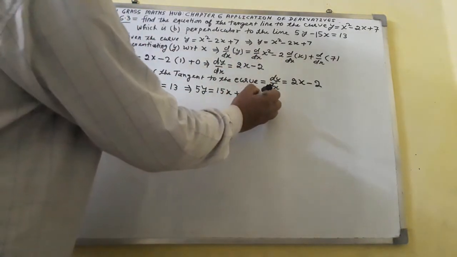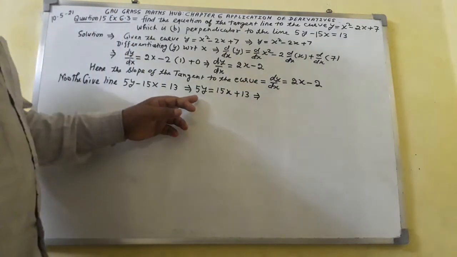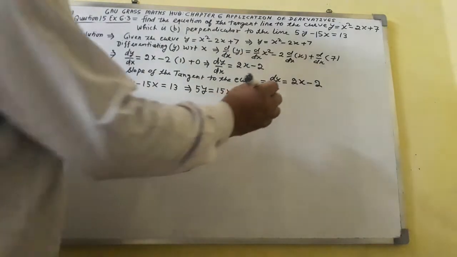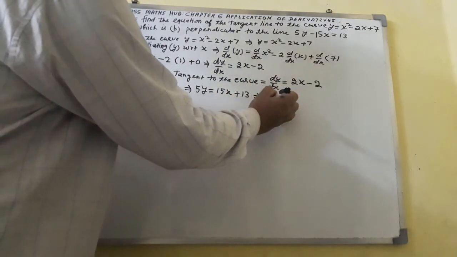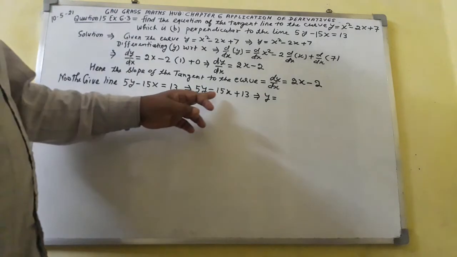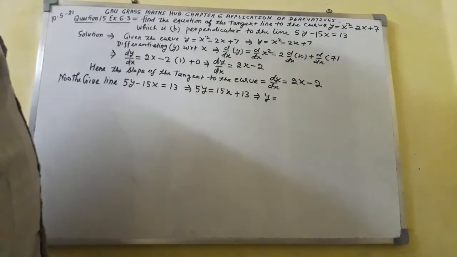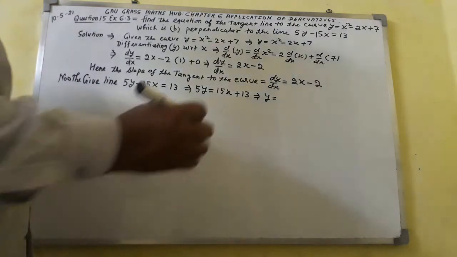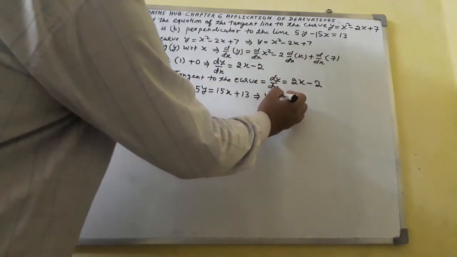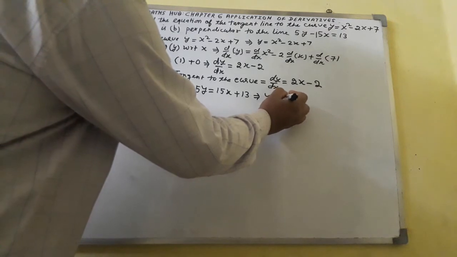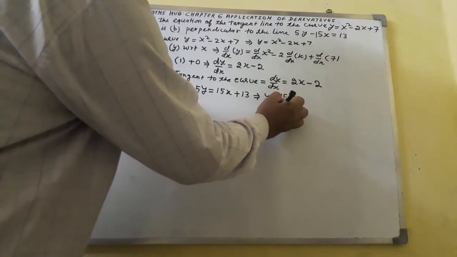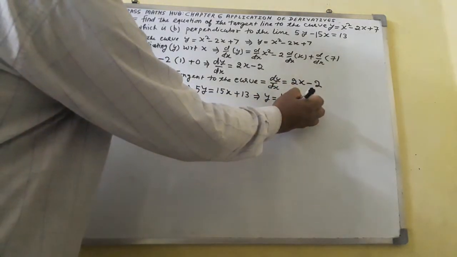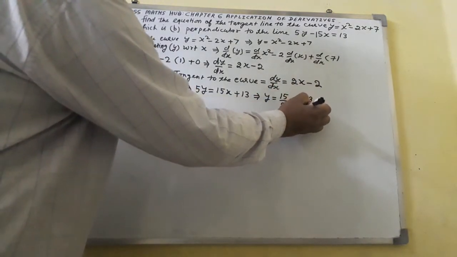So here we shall divide both sides by 5. So we shall get y equal to 15 over 5 x plus 13 over 5.